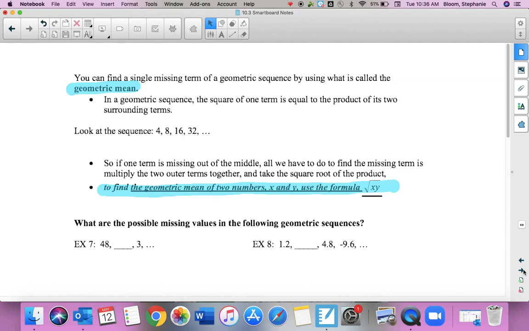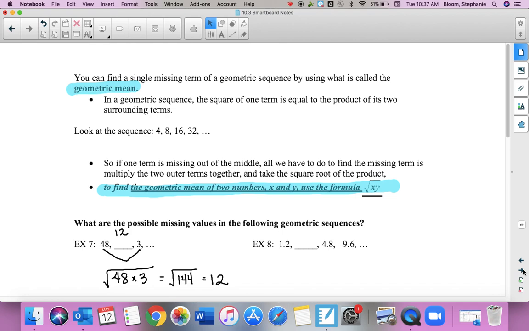Here's an example. What are the possible missing values in the following geometric sequence? This is a geometric sequence, so I multiply them together, and then I square root. That would be the square root of 144, which is 12. So this number here would be 12.